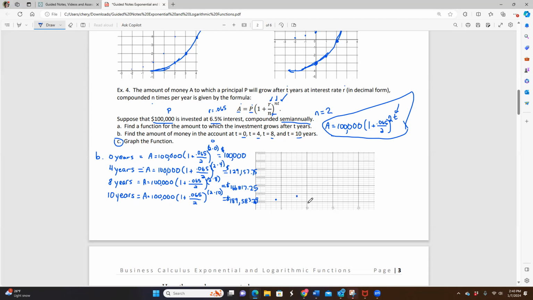And then at 10 years, we are at 189,000, which is going to be up here. This almost looks like a line, but it would really look like a curve if we had a greater distance between these values.